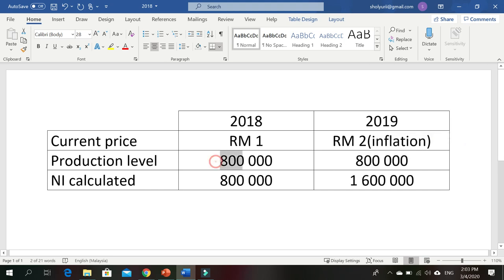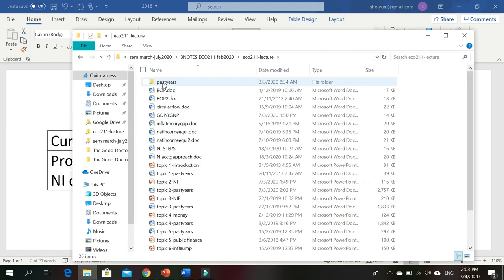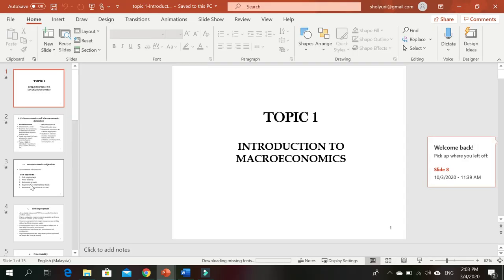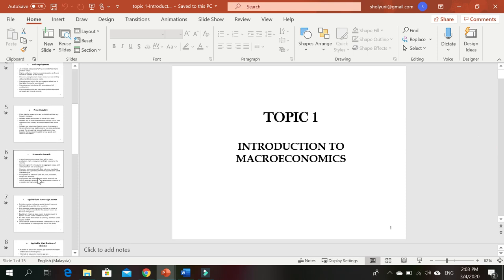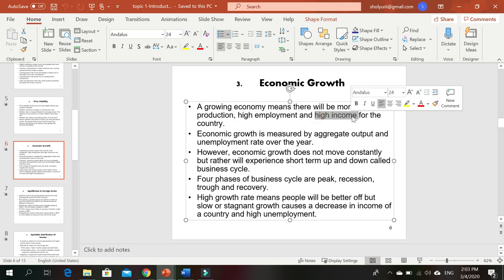Sama je macam 2018. Ingat lagi chapter 1? Kan, masa chapter 1 kita belajar, in order to predict a country having growth or not, indication dia must be more production, higher employment, higher income.